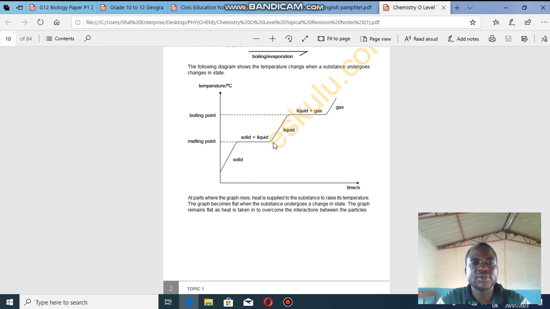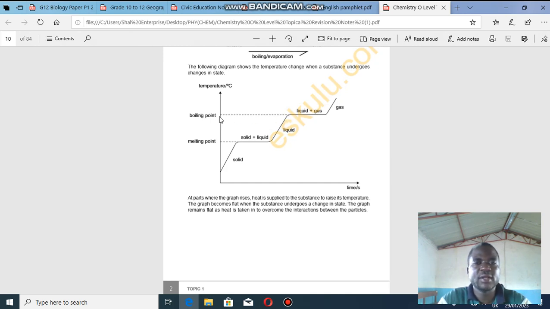So at this horizontal line also we have two states: a mixture of solid and liquid, but from here up to there we have completely solid. Now once the bonds have been broken, the temperature starts rising again up there, and it reaches the horizontal line like this.